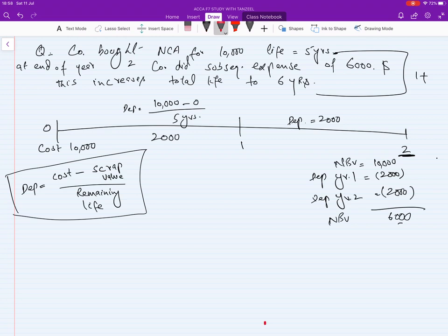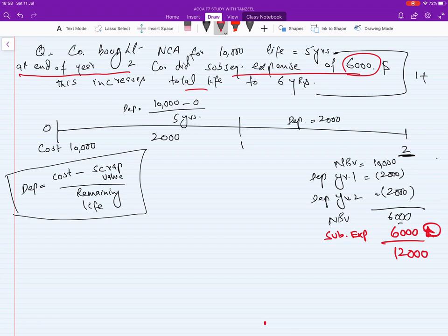Now the question clearly shows that at the end of year 2 you did a subsequent expense that increases the life. You spend 6,000 more. Previously the net book value was 6,000 and you have spent 6,000 here, so you can add this here. So now the cost you can consider is 12,000.